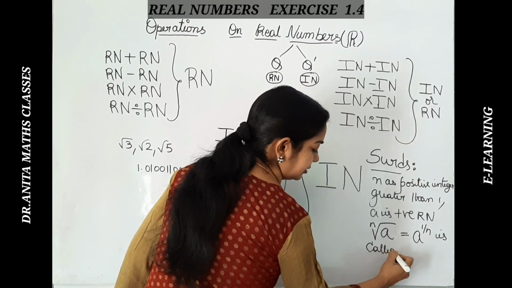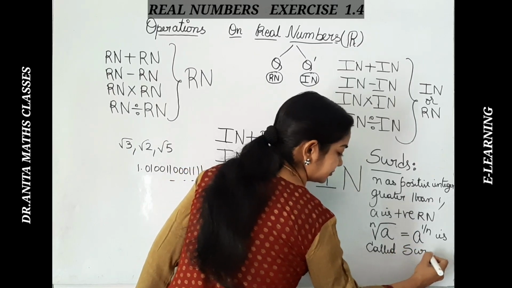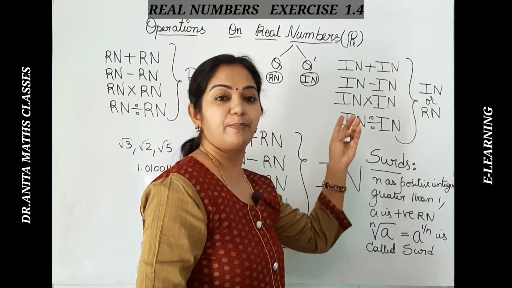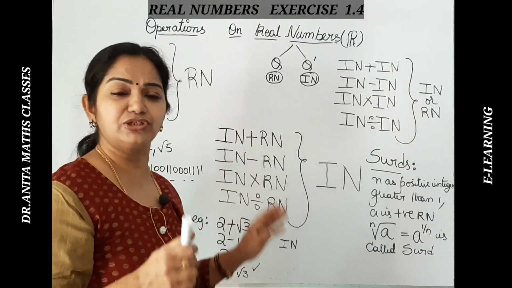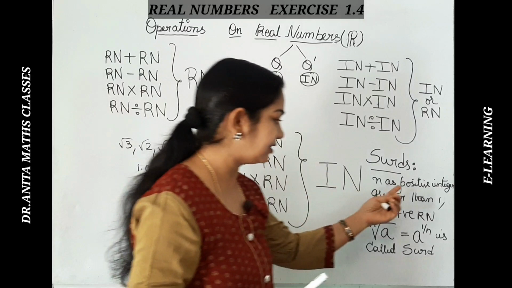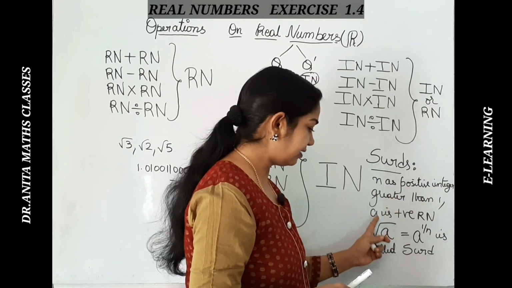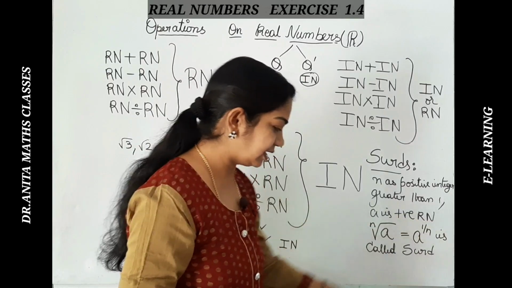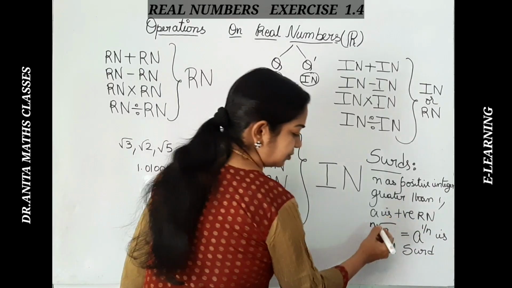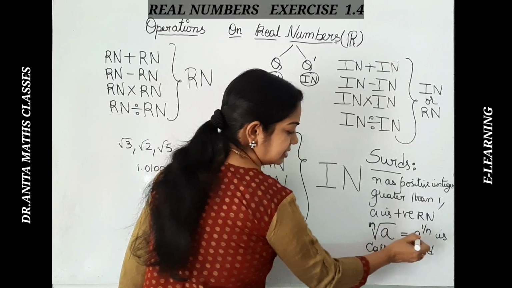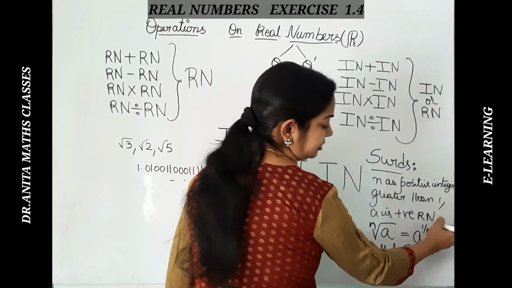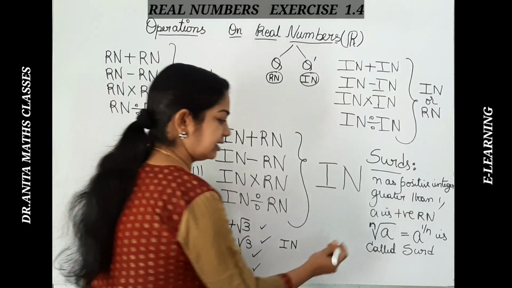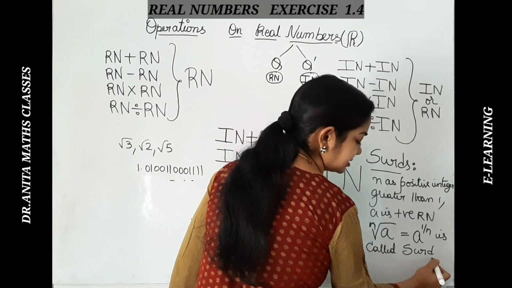So here the condition is that n should be a positive number greater than 1. It should not be 1. And a is a positive rational number, a positive real number. The nth root of a is nothing but, in the exponential form, a raised to the power of 1 by n. So this is called a surd.